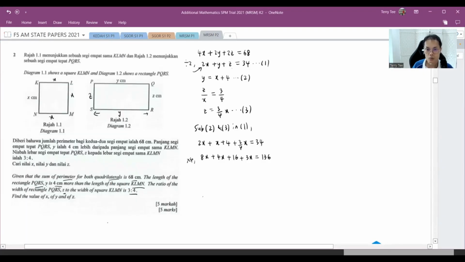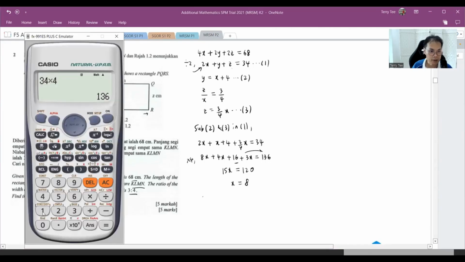So 8 plus 4 is 12, 12 plus 3, sorry, 15x. And 136 minus 16, 16 I bring over to the right. I got 120. If you divide by 15, x is 8. Again, you can use your calculator. 120 divided by 15, the result is 8.